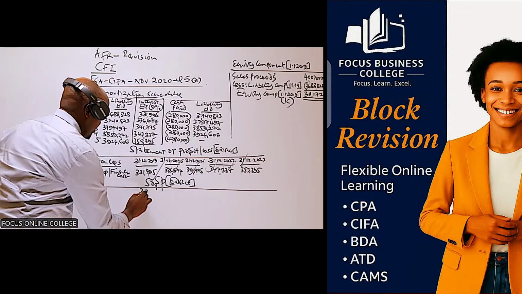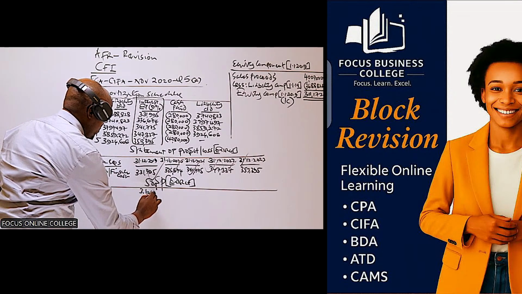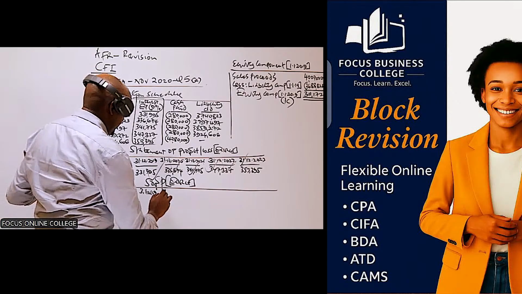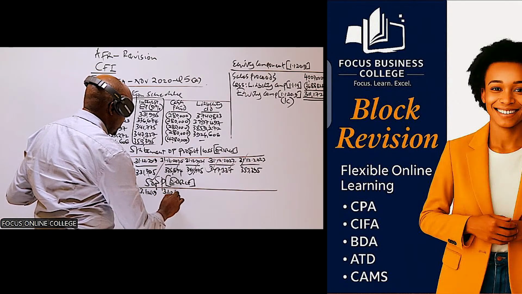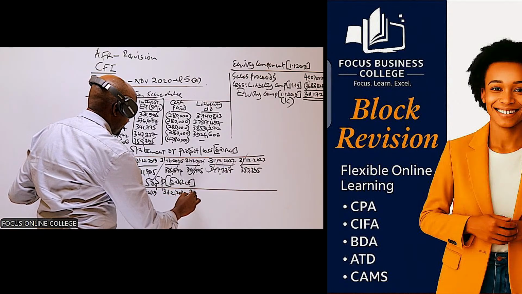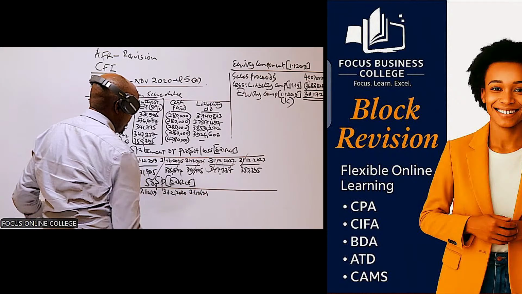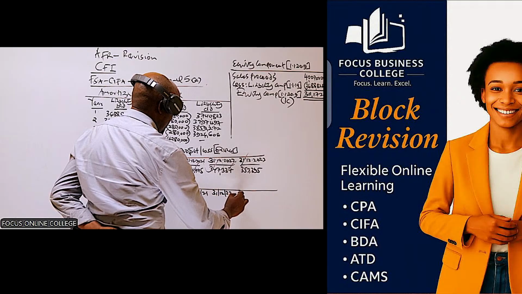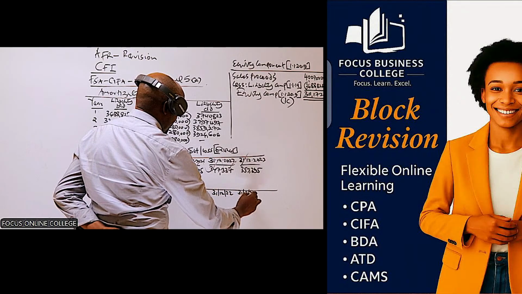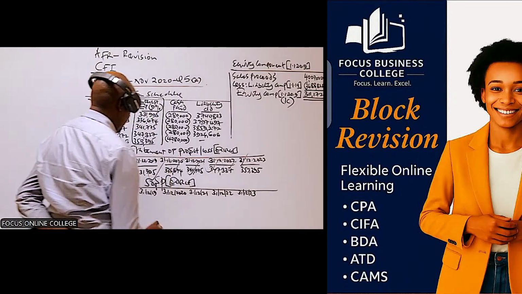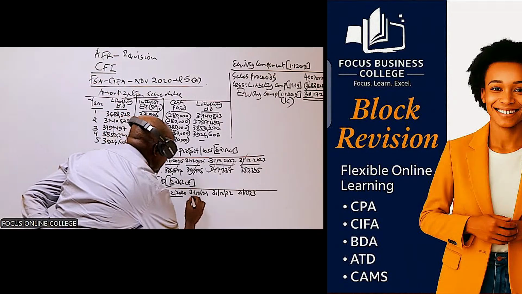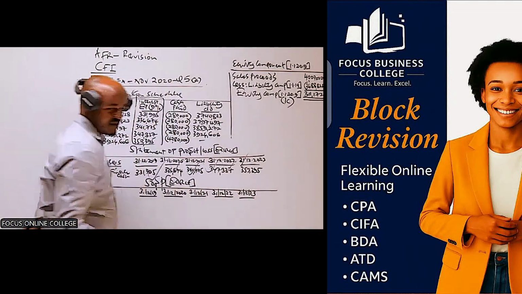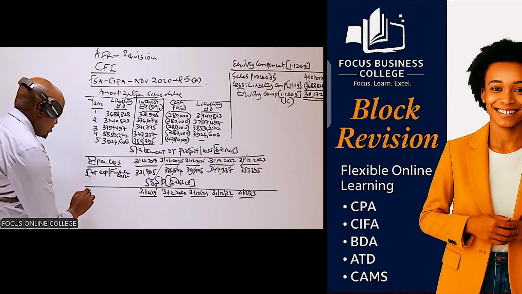We equally need to prepare this for how many years? For 5 years: 2020, 31st of December 2021, 31st of December 2022, 31st of December 2023.